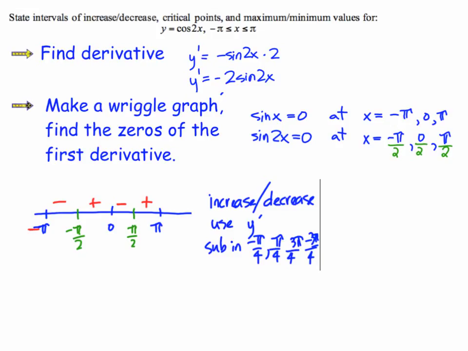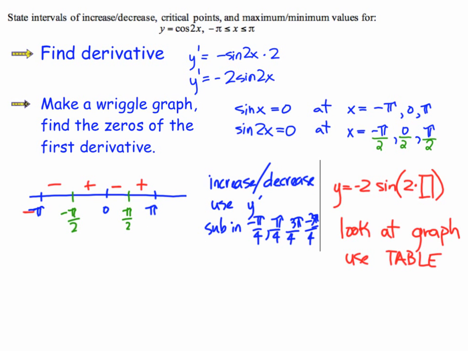So you can see that on the wriggle graph, I have identified by the plus and the minus where the increase and decrease occur. And if you take a look at it in your graphing calculator, you'll also be able to see.